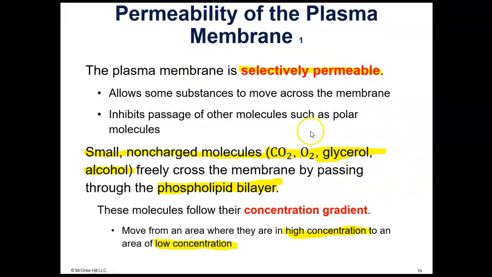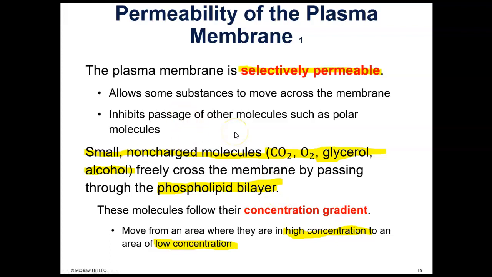Now we're going to move on and talk about the transport across the plasma membrane. So we already know the plasma membrane is selectively permeable. That means it allows some molecules to cross and some it does not permit to cross. Molecules that can freely cross the plasma membrane through the phospholipid bilayer are going to be lipid soluble.